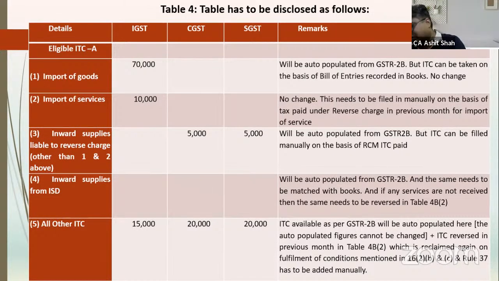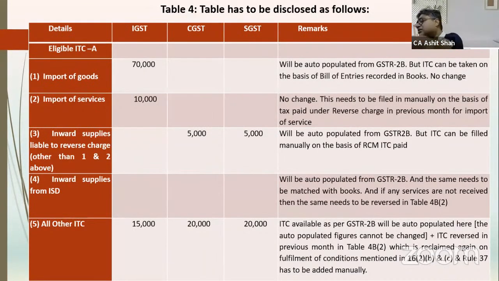Now let us take an example. Suppose we are in the month of August 2022. This is the fag end of August. I have procured goods from Delhi, and my goods have been dispatched from Delhi. While it is on its way, the month ends, and now we are on the 3rd of September. The goods have come in the month of September.